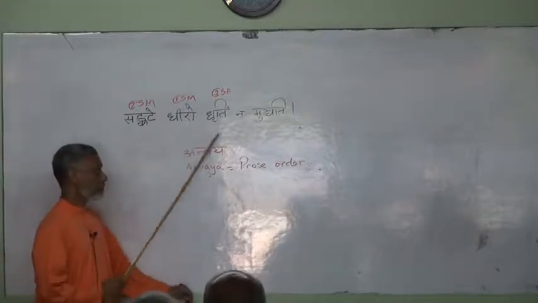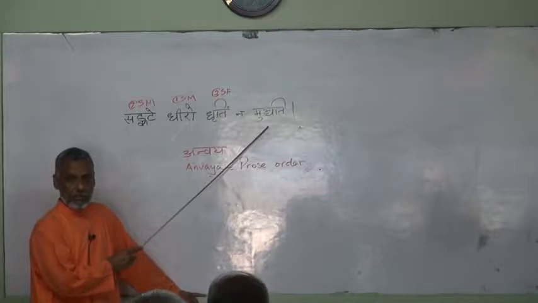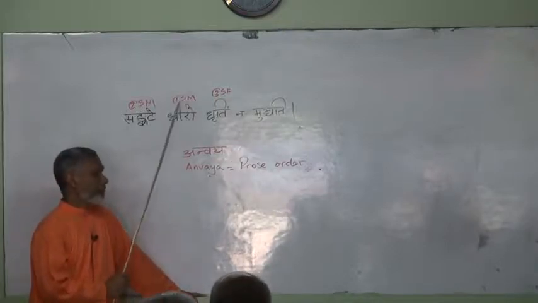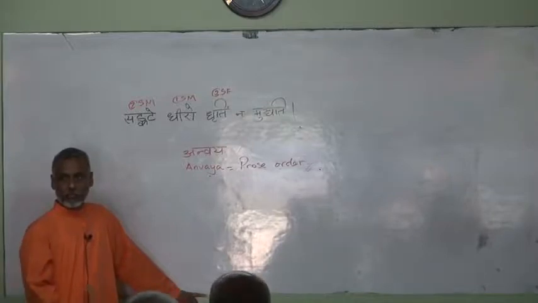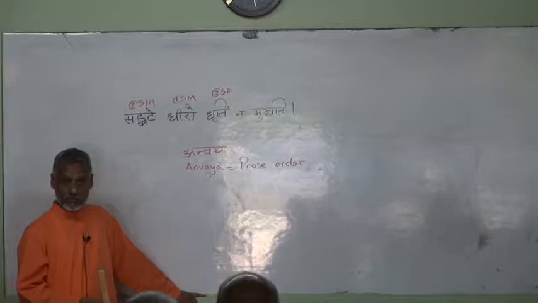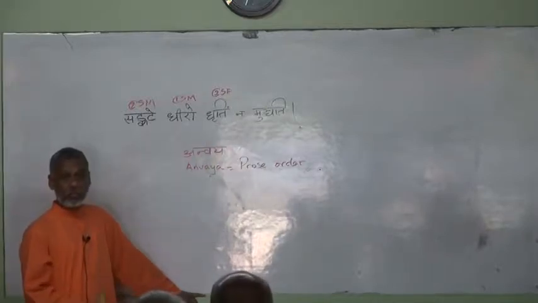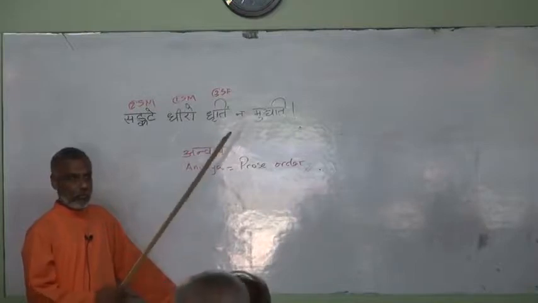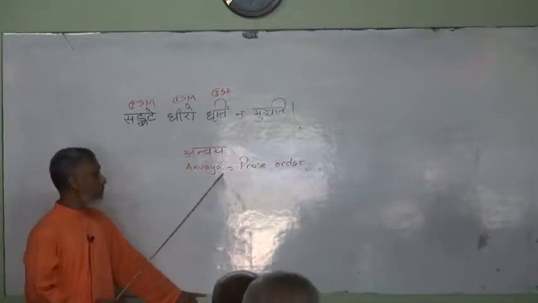So the verb is third person, singular. You have to get a subject to match with that verb. It has to be singular, and in first case. So which is in first case now? Only one word is in first case. Dhiraha.